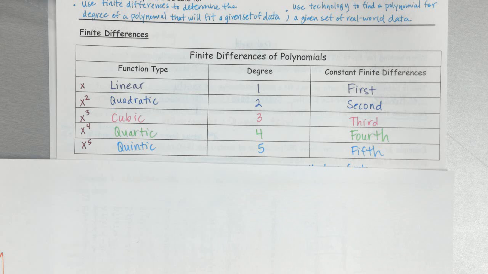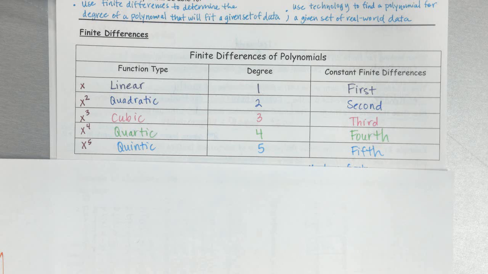So if the third differences are the same, it is cubic. If the fourth are the same, it's quartic.